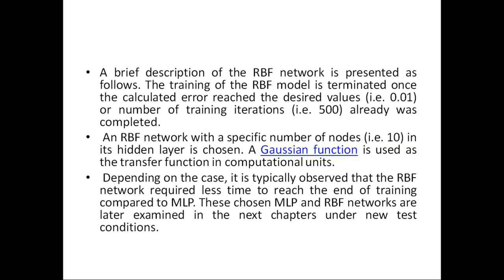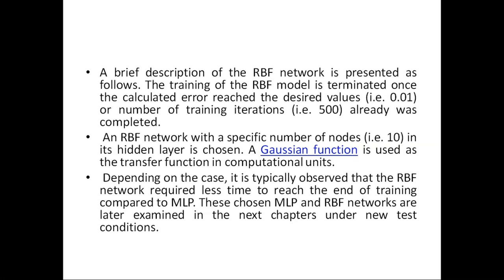At around 500 iterations the error will come to around 0.01, and at that time we terminate. In the training, at least around 500 iterations must be completed for termination. An RBF network with a specific number of nodes, say 10, in its hidden layer is chosen.